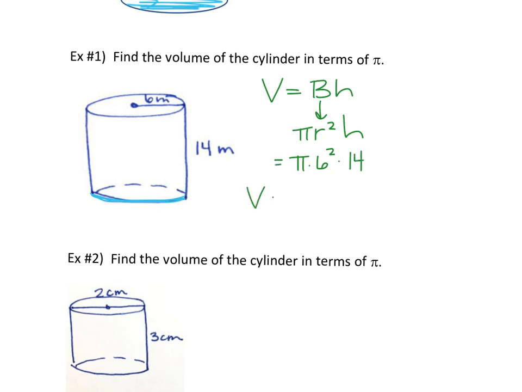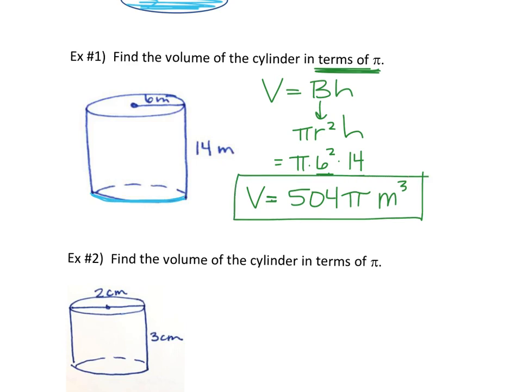So when you plug this in, you get 36 times 14. Don't plug the pi in. We're going to leave it in terms of pi. So you're never going to plug the pi button in when they say leave it in terms of pi. Okay, what you're going to do is 6 squared times 14 is 504, and then hit your pi, and it's volume, so cubic meters. Okay, so that would be your exact answer in terms of pi.